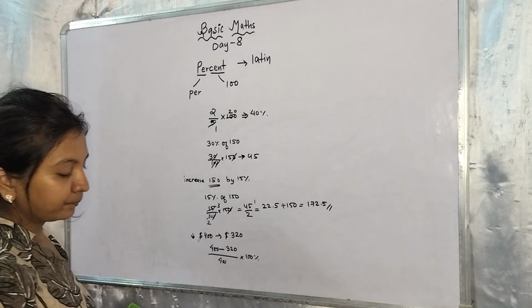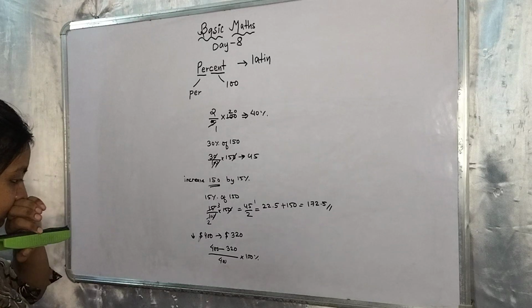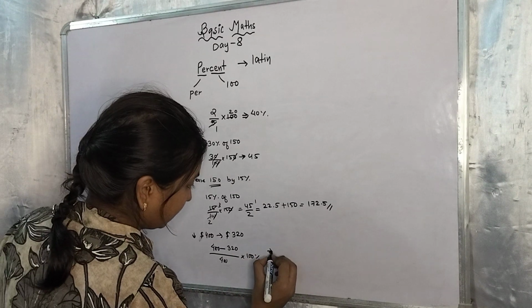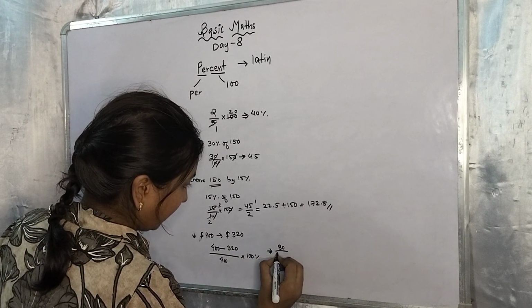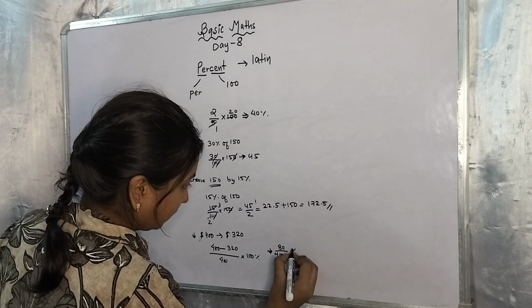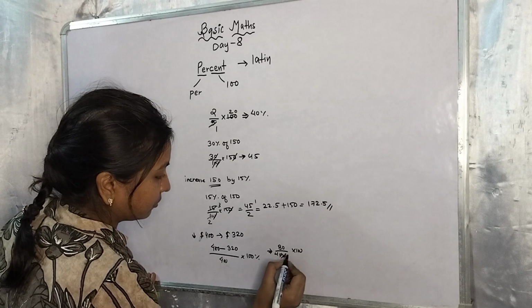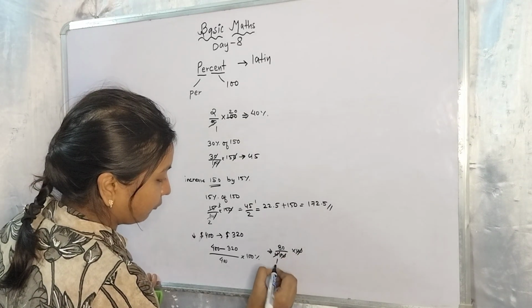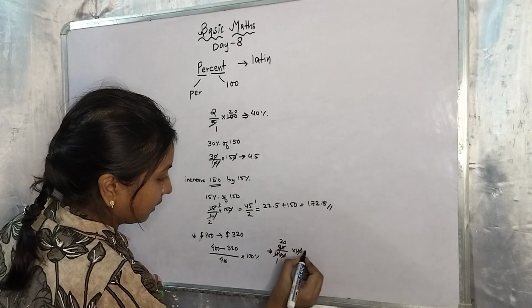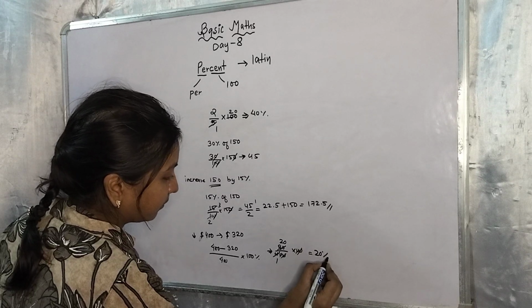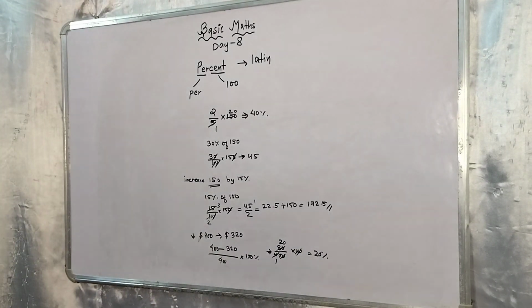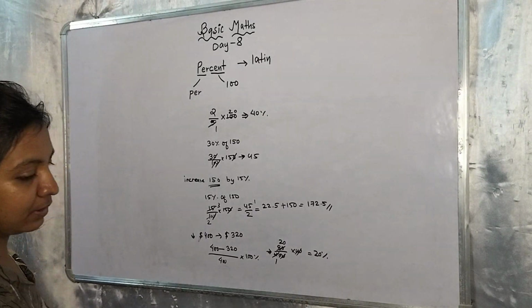So now this is 80 by 400 into 100. Now these 2 0s cancel out. 4 1s are 4, 4 5s are 20. So 20%. The percentage that decreased is 20%.